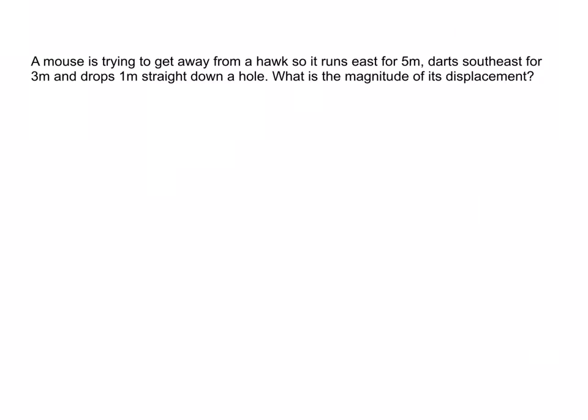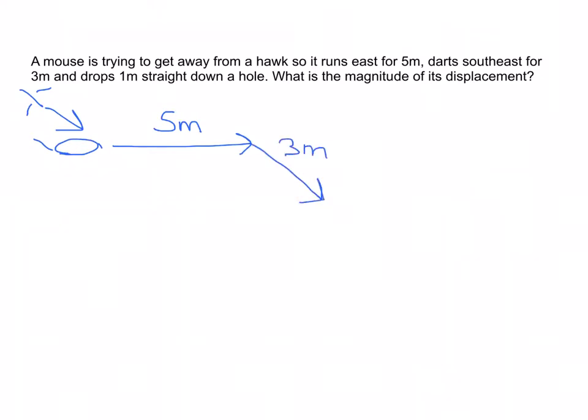So first things first, we've got this mouse. Draw a little mouse here, little tail, and this hawk is chasing it, and it runs 5 meters east, and then it runs 3 meters southeast, and then it drops straight down for 1 meter.